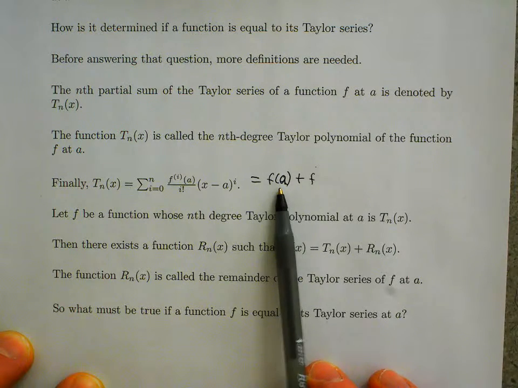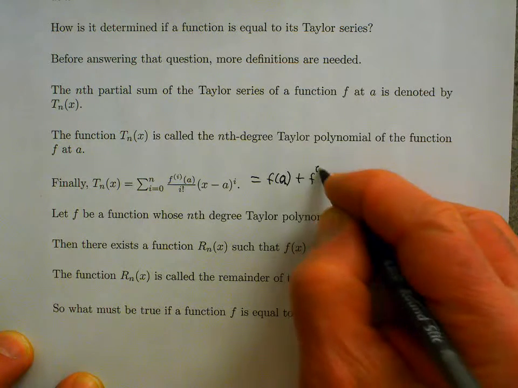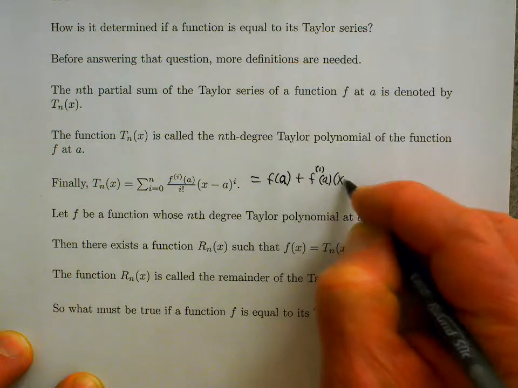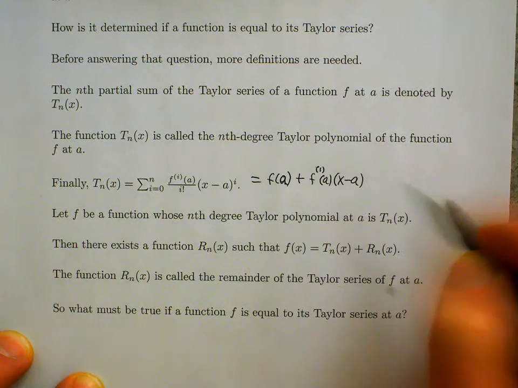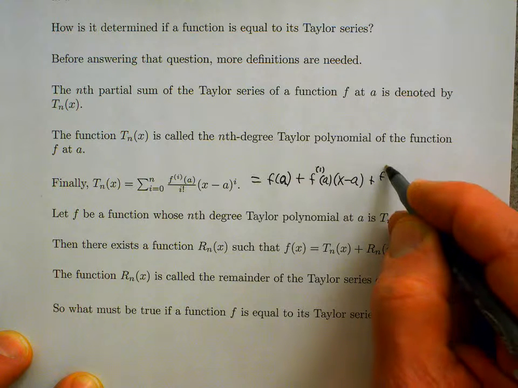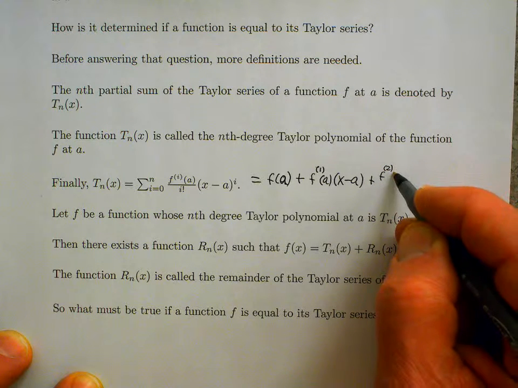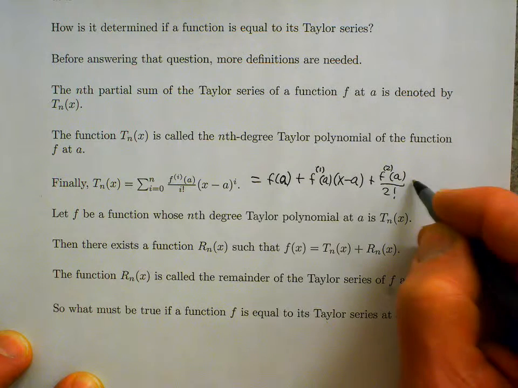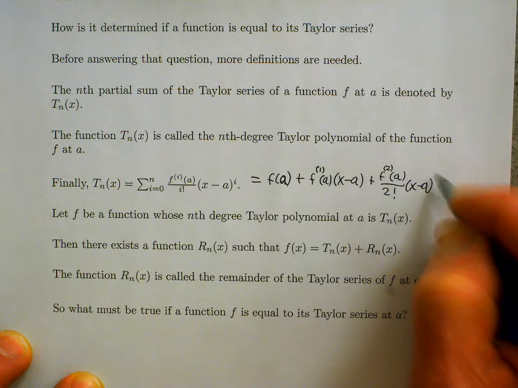So f of a plus the first derivative evaluated at a times x minus a to the first, plus the second derivative of f evaluated at a divided by 2 factorial times x minus a to the second.